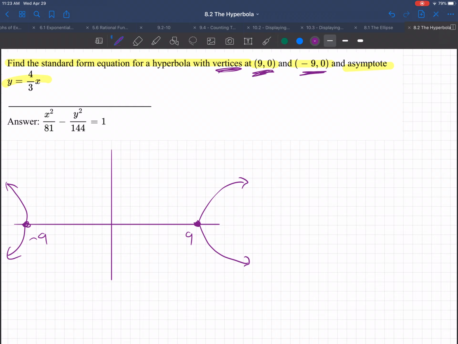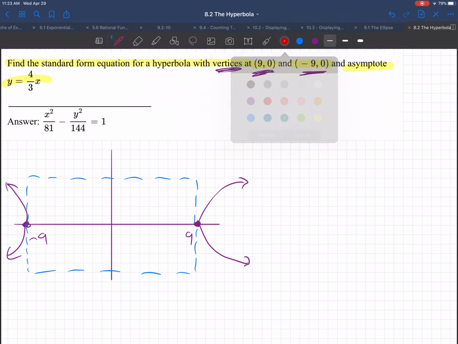Okay, then we know there's some box in the middle there. I don't know exactly what the box looks like, but let me just make one up to get me thinking. I'm making this up as I go along here. All right, so maybe that's it. And then there's diagonals in there, right?